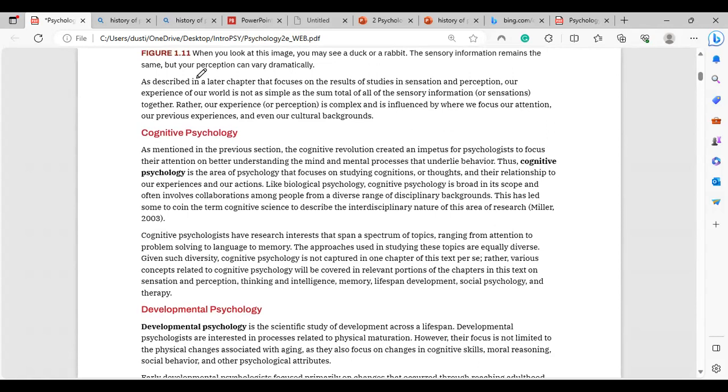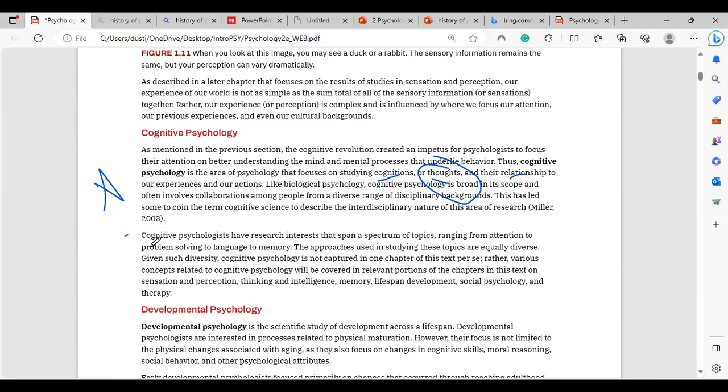Cognitive psychology is the area of psychology that focuses on studying cognitions, the way we think, not memory, think. Sorry, I did not mean to say memory. I meant to say the way we think, educate ourselves, and its relationship to our experiences and our actions, right? The experiences that we have, that we encounter, but how we act on that as well. All right. That's important to know.